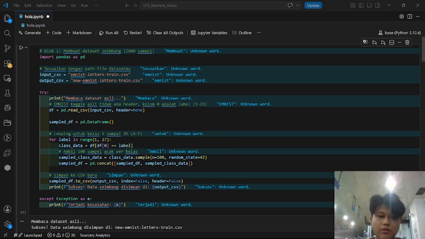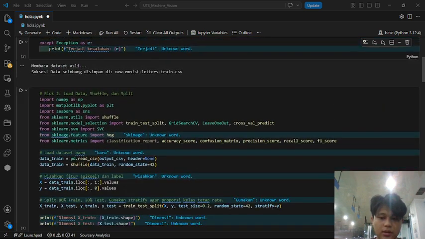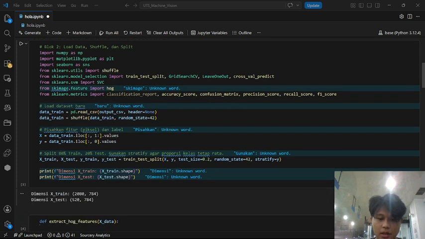To prevent bias, I filter the massive dataset into exactly 2,600 samples, ensuring each class from A to Z is perfectly balanced with 100 images each. For the train-test split, the data was divided into 80% training data and 20% testing data using stratified shuffle.